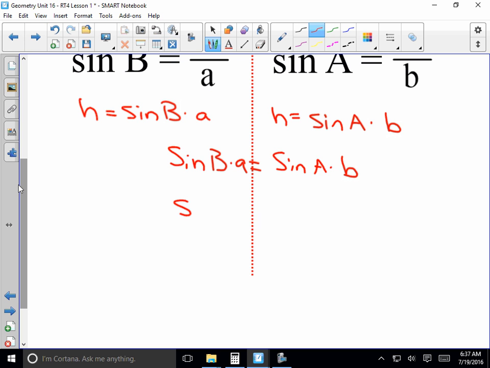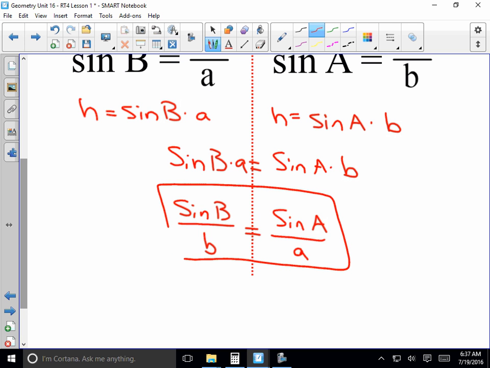The answer is, we would have had sine of B over B equals sine of A over A. Now, if you cross multiply this function, you'll see that you get our answer that we have here.